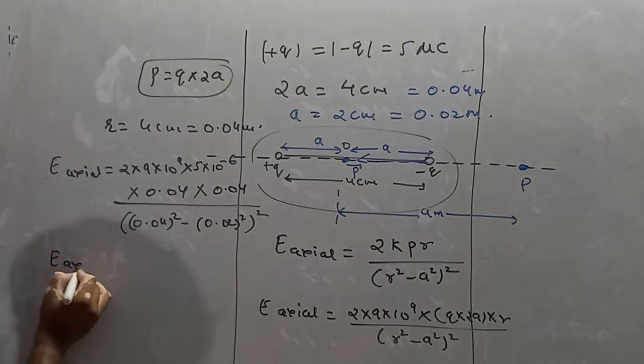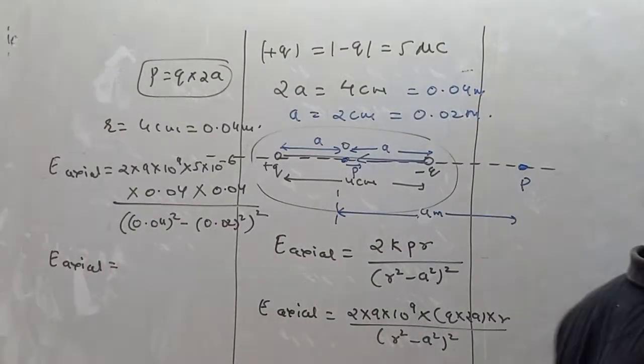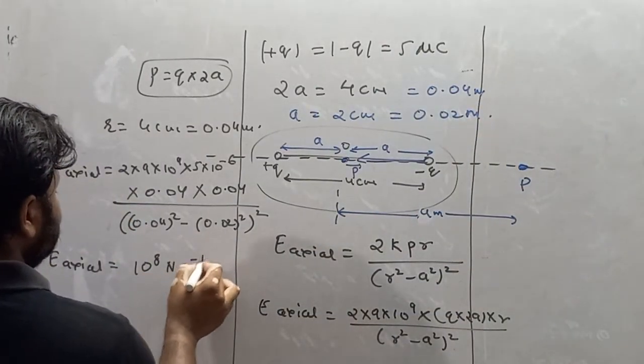So this is the value of electric field on axial line. I hope you all understand. Try to find the answer. It will be 10 raised to the power 8 Newton per Coulomb.